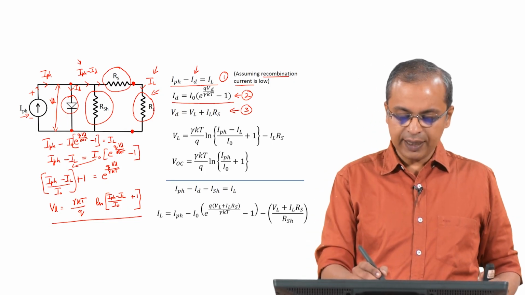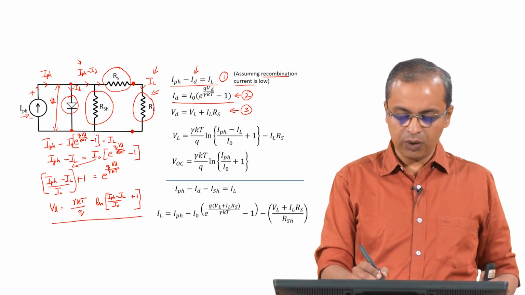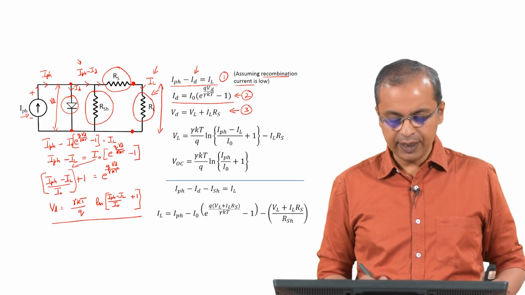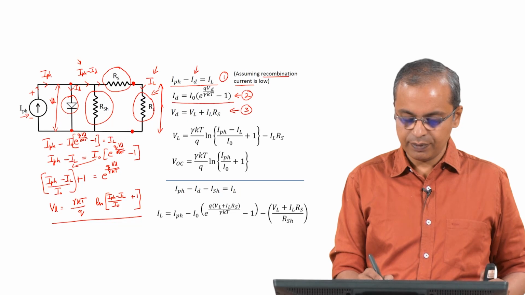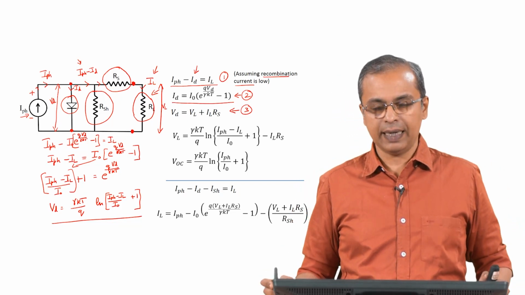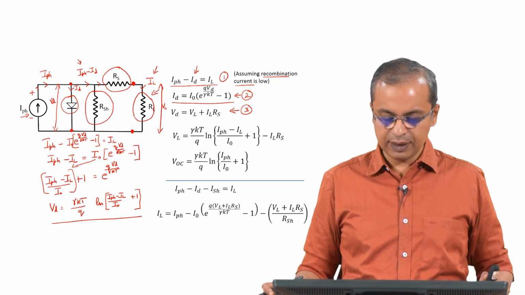The voltage that you see here across the load resistor is V load, V subscript L, and so the voltage across the load resistor is VL.